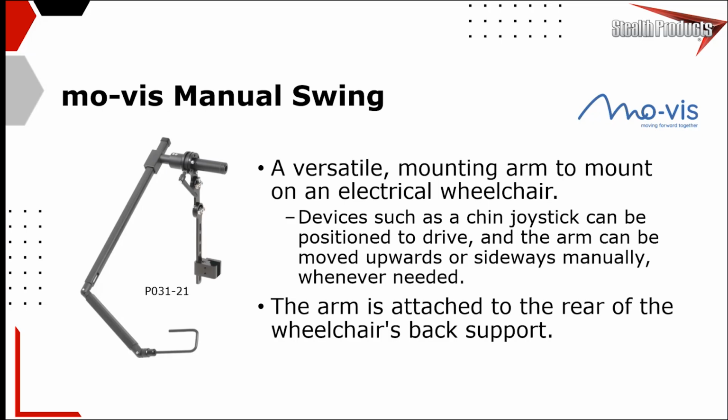So both multi and manual swings attach the same way, and both of them can be made to swing out vertically or horizontally overhead. But like its name says, the action here is all manual. So to swing out of the way, if they're in chin control, then that does mean an attendant is likely going to be needed to come along and loosen that ratchet lever you have right here so that this thing can swing out of the way.